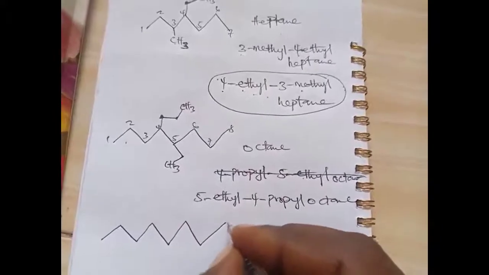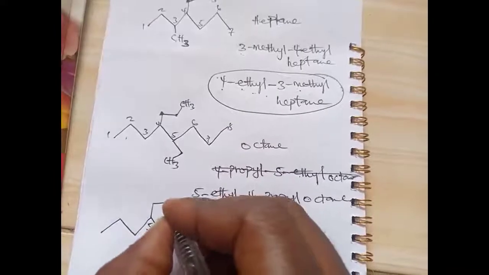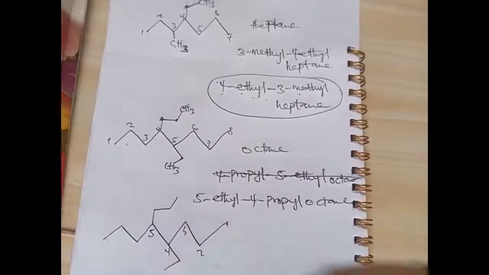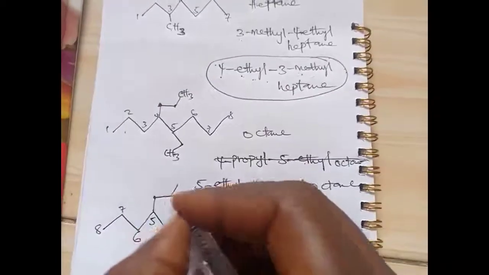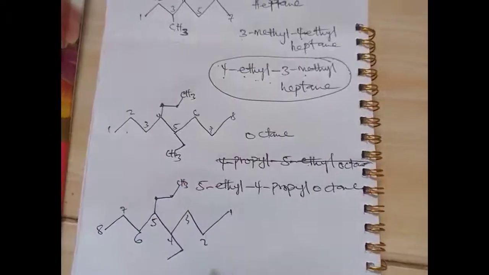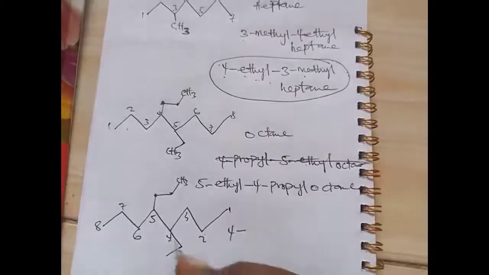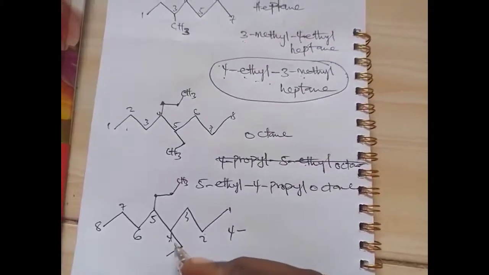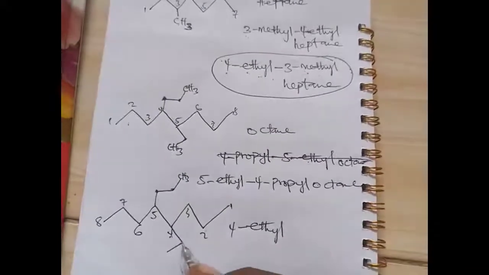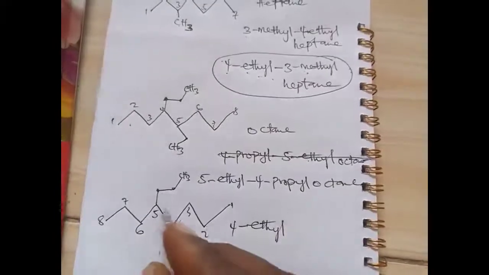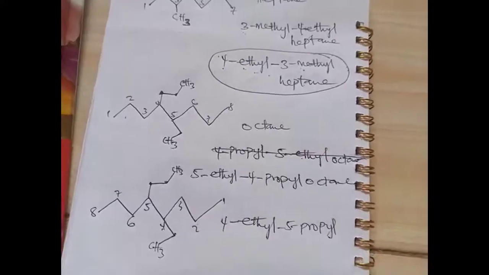If we are to name it this way, now, it means that at the 4th, we have ethyl, 4-ethyl, then 5-propyl, octane.